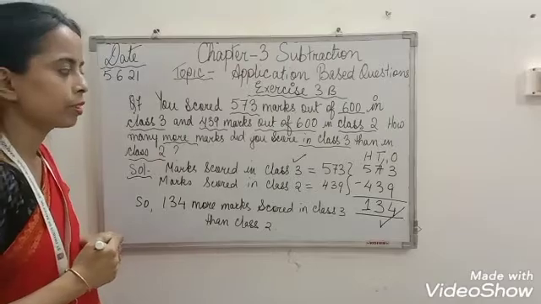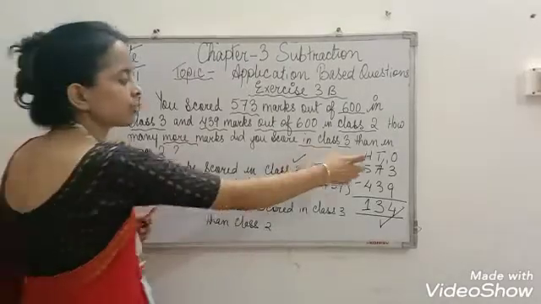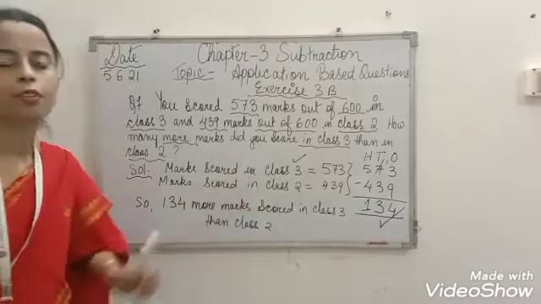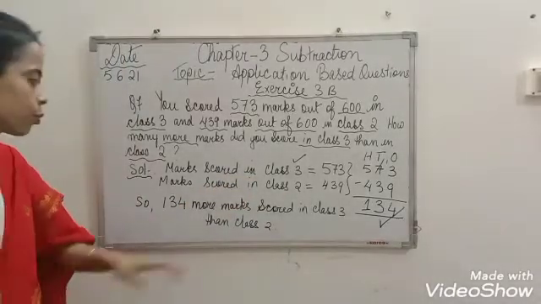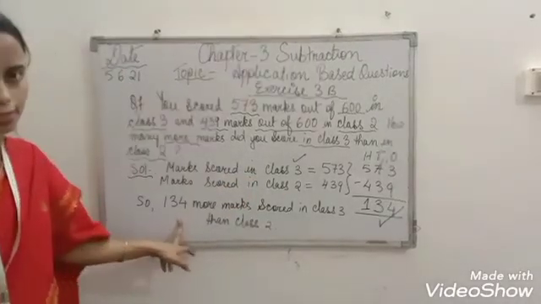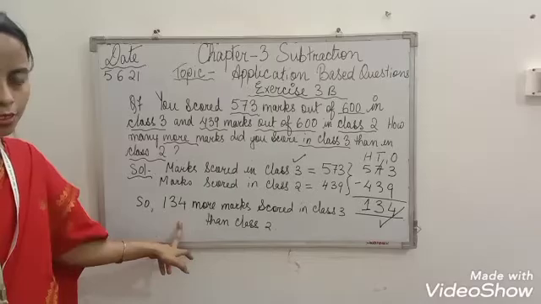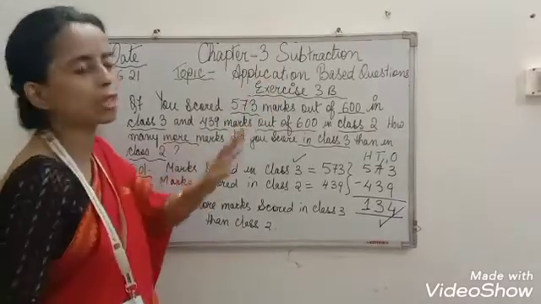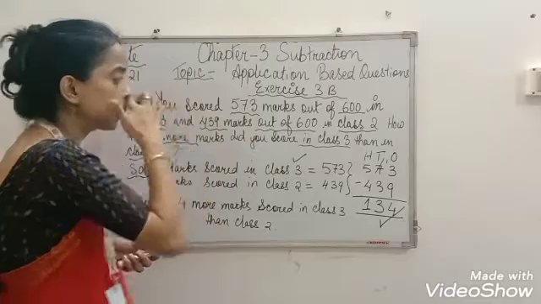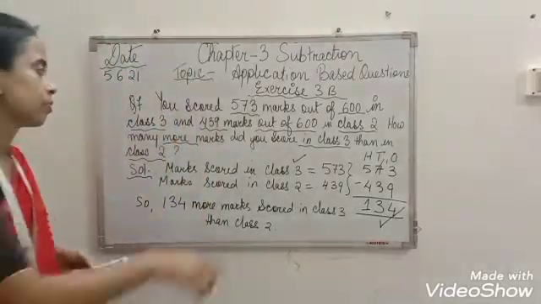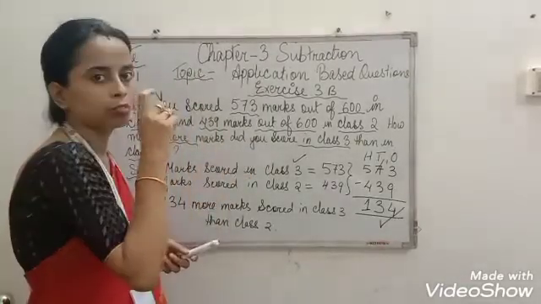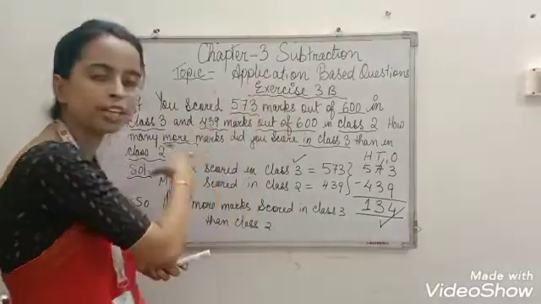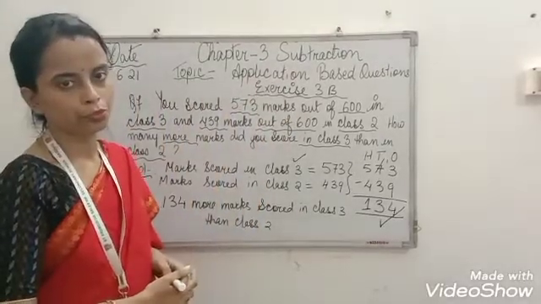Alright? Here children, this is the subtraction with regrouping. So 134 is the answer. Clear children? So class 3 marks and class 2 marks were given. Out of that, the question asked, find out how many more marks you scored in class 3 than in class 2.